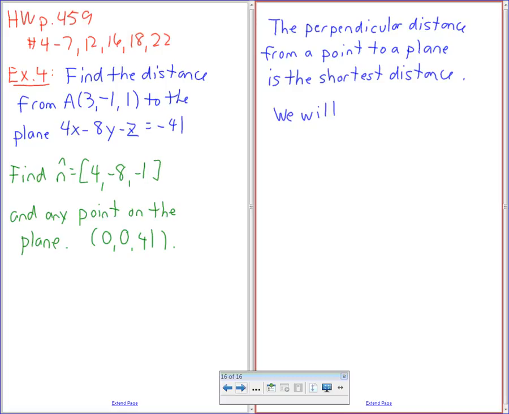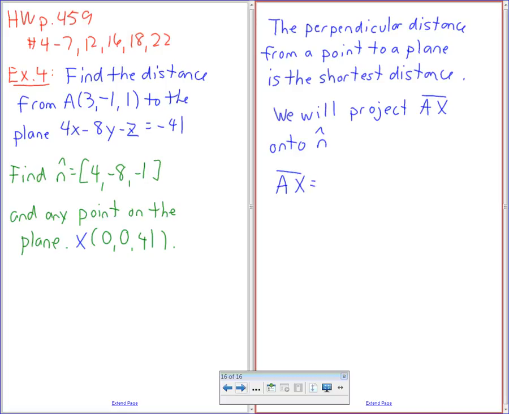I'm going to call this X. Project the AX onto the N. I guess AX is technically a vector then. So, let's first of all find AX. What's AX going to be?